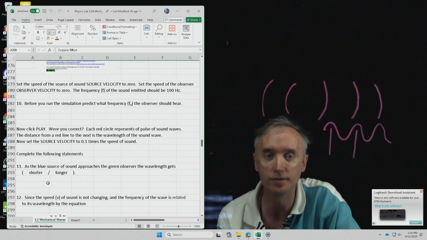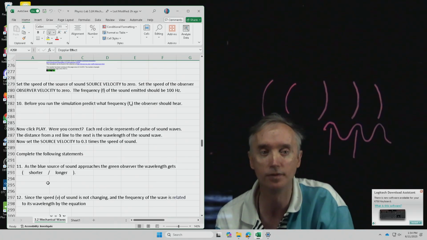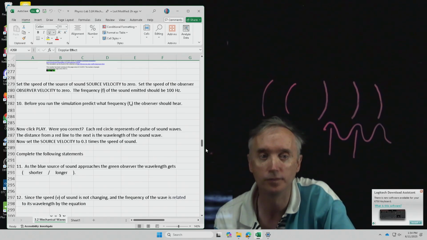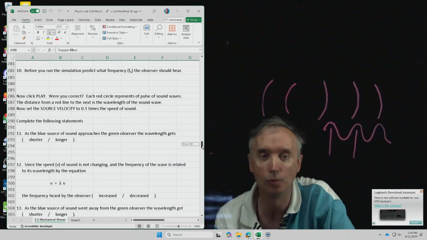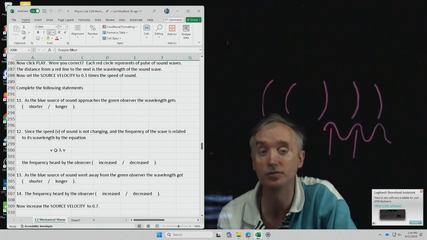Look at the distance between the red things. And then, if that's what's happening to the wavelength, predict what's happening to the frequency.